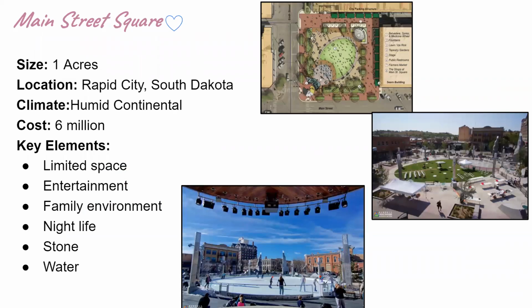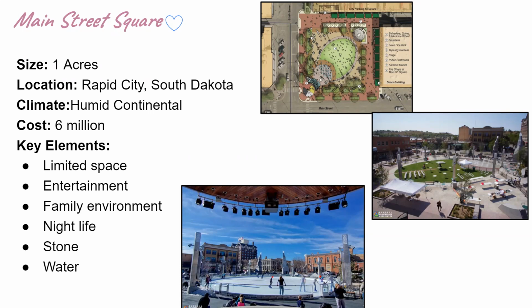Okay, so for my precedent, I picked Main Street Square. It's in Rapid City, South Dakota. I picked this precedent because it's the same size as Warren County. The site area is about 1 acre. I picked this really because Warrenton is trying to put itself back on the map.